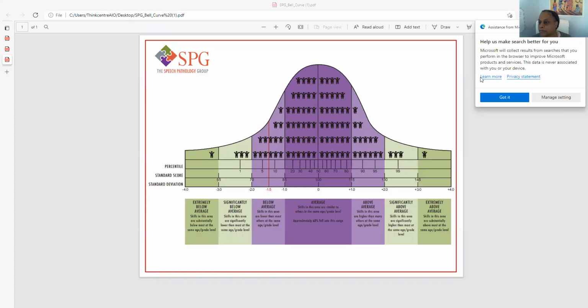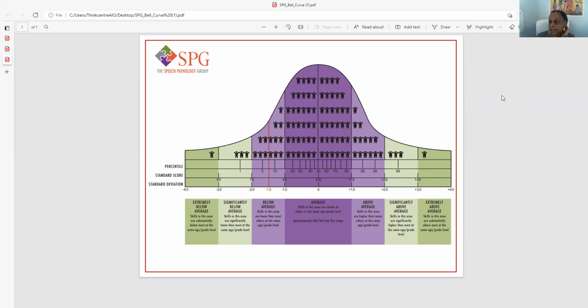Okay, I'm going to share again, and I really like this. There is a textbook reading that is on Canvas. There is a picture.